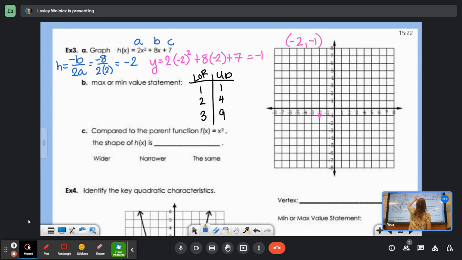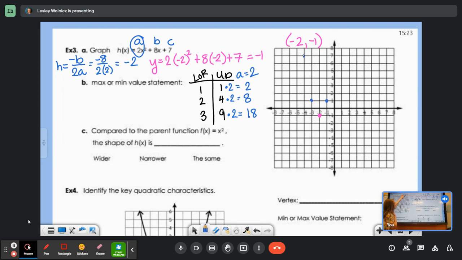A's 2, so we're going to multiply by 2. So 1 times 2 is 2, 4 times 2 is 8, 9 times 2, 18. So those are our new ups. We're not going to be able to fit the 18, but we should be able to get the 2 and the 8.